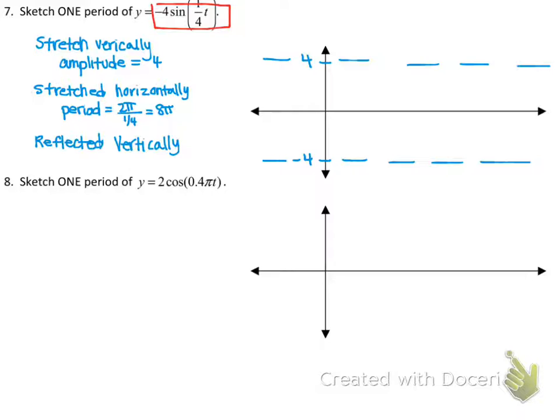And then I'm going to label my x-axis. Since my period is 8 pi, divided by 4 is 2 pi. So that's what we're going to count by. So we're going to have 2 pi, 4 pi, 6 pi, and 8 pi.